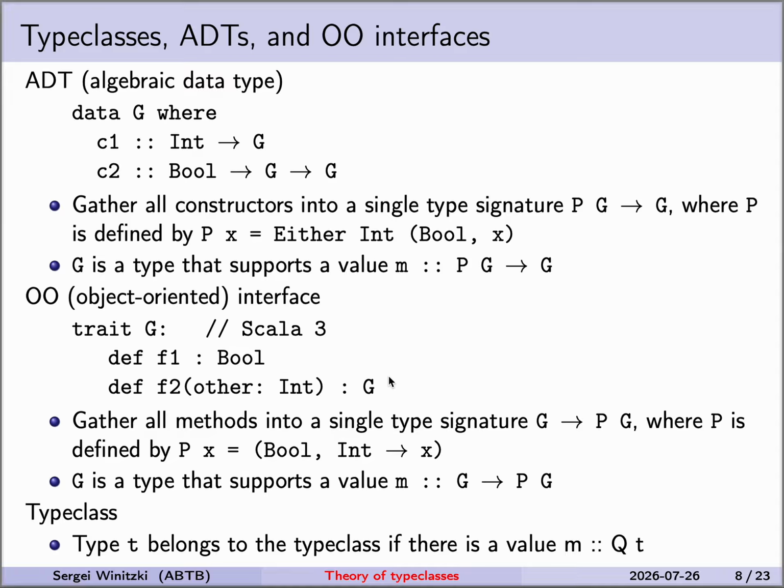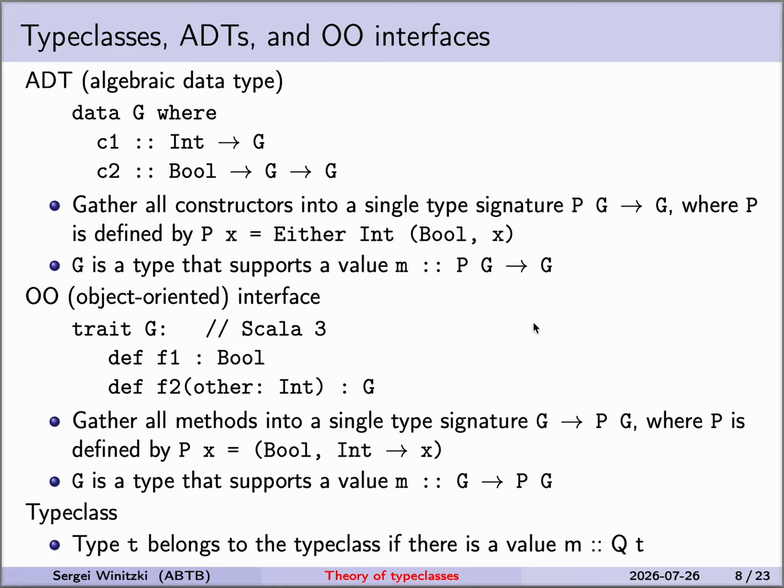You can have similar benefits without subtyping just by using type classes, because you have a possibility to define a type class with co-algebraic type signature or with algebraic type signature. And so in this way, type classes can be seen as a generalization of both algebraic data types and object-oriented interfaces. So they can help to mitigate the expression problem.